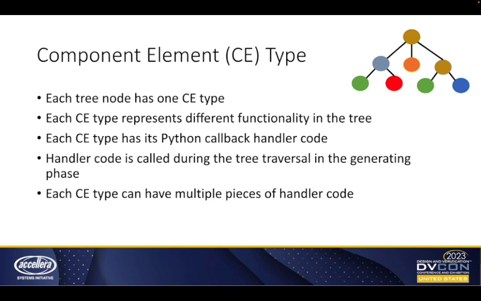For example, a CE type of a sequence item will instantiate the verification signal, and the CE type of a sequencer will instantiate that sequence item and also generate all the necessary code for that sequencer.